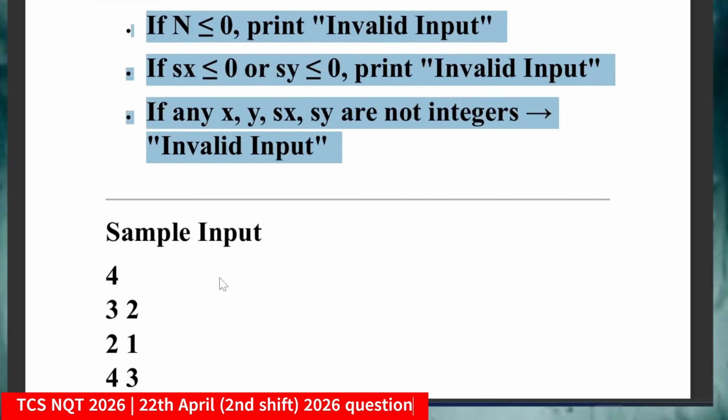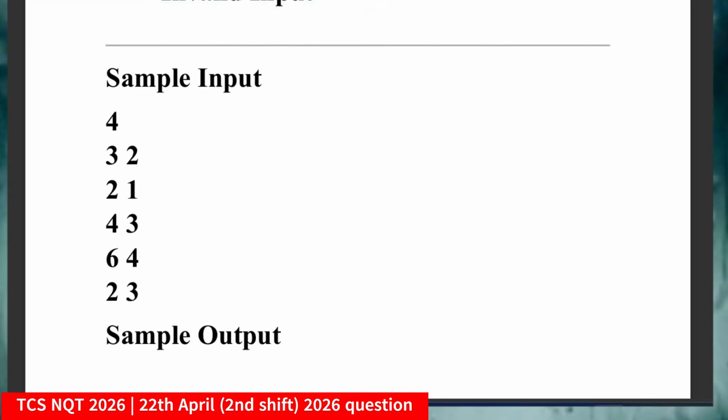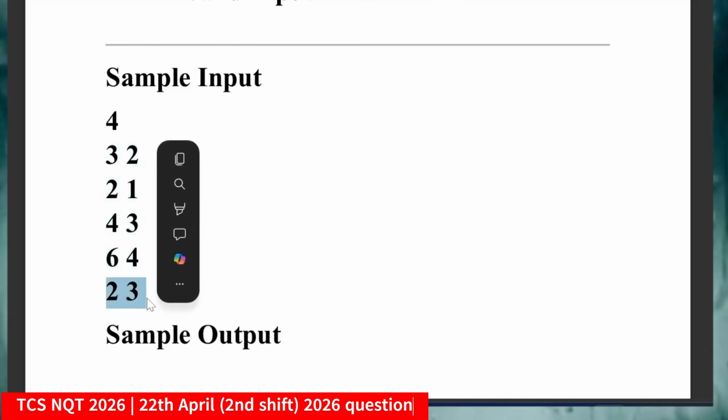Now let me take an example, then it will be clearer to you. Suppose we take the sample input 4, so I will take a combination of 4 pairs: 3 2, 2 1, 4 3, 6 4. Now we have to take the values of sx and sy, which here I am taking as 2 and 3.